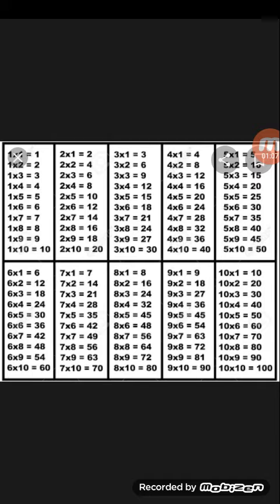The next one is the times 2. How would you memorize the times 2 table?